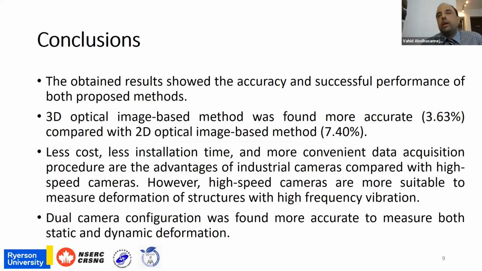On the other hand, the single camera configuration takes less time, less cost, and is more convenient. However, the dual camera configuration gives us more capabilities. For example, we can measure the 3D deformation, but with the single camera configuration, we will only be able to measure the 2D deformation.